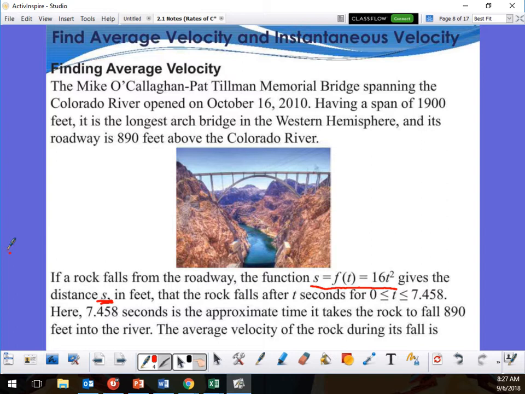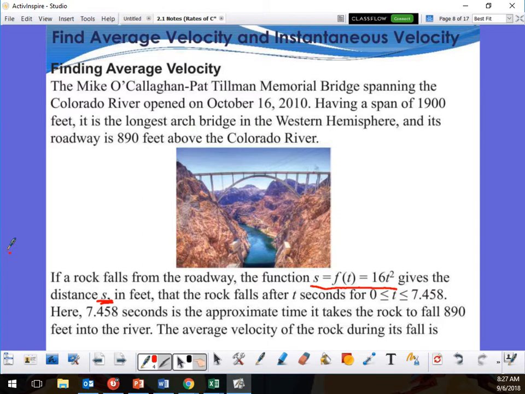That is how long it takes for the rock to fall. So that is the domain. It can't fall forever. It has to fall for a certain time period, the approximate time it takes for the rock to fall that 890 feet to the river.